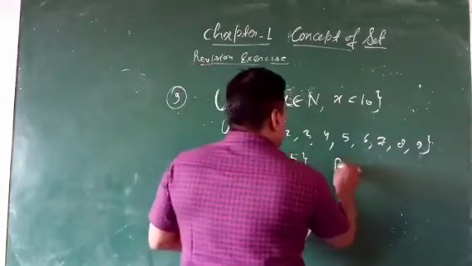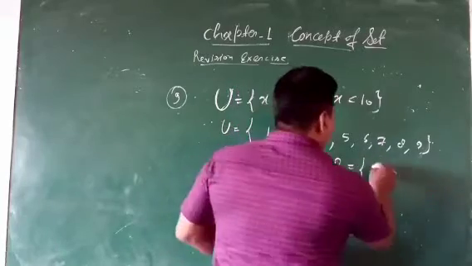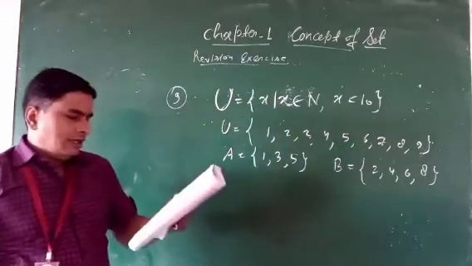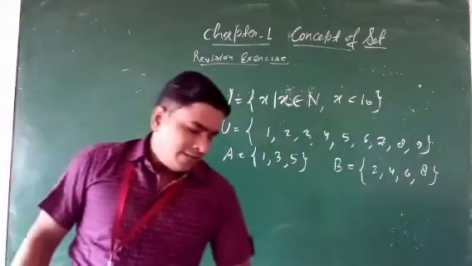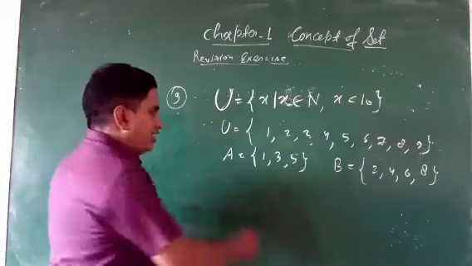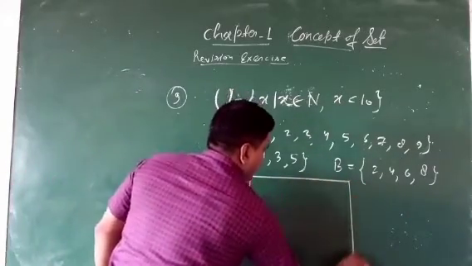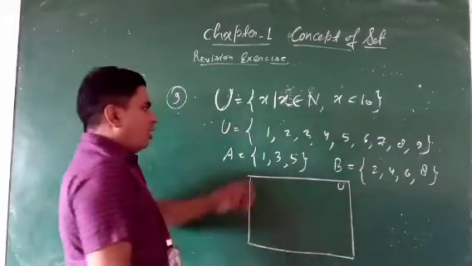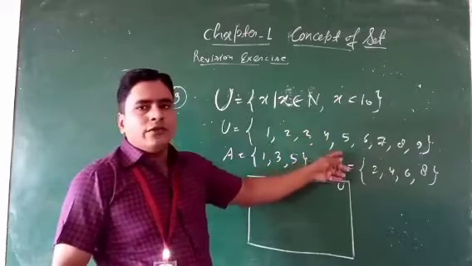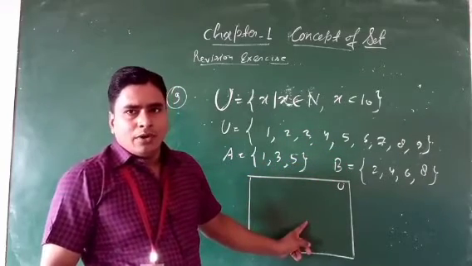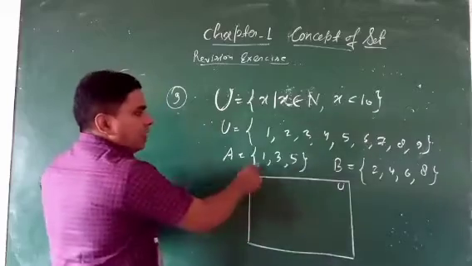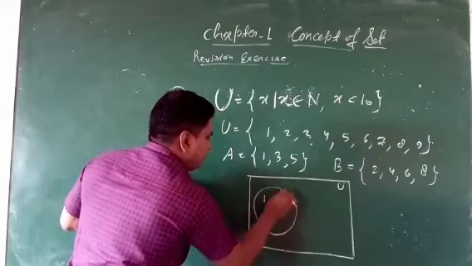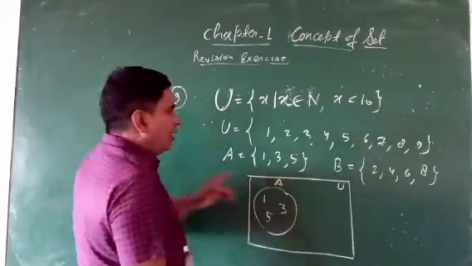And B is equal to 2, 4, 6, 8. Show them by a Venn diagram. First we will draw a rectangle for the universal set. Now we will write all the elements of U inside this rectangular box, according to the A and B sets. So 1, 3, 5 in one circle. Is any element common?